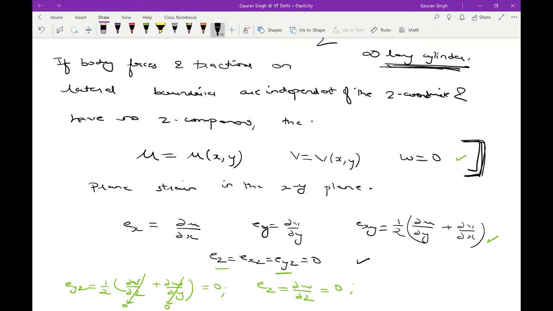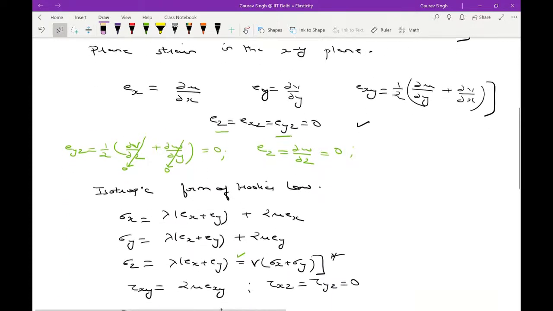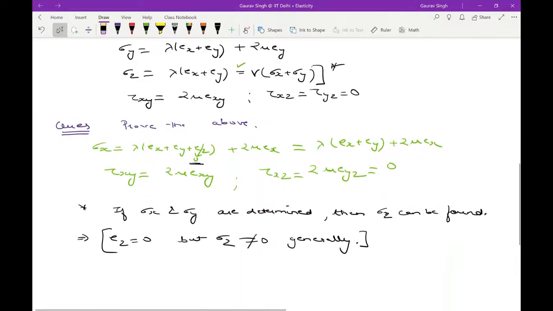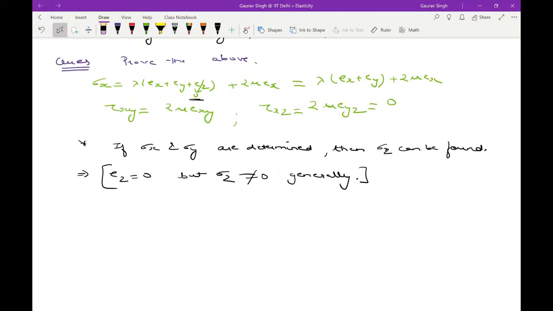This is the only approximation for plane strain, as you see. Anything after this is basically just using the strain displacement relation as it is, and then using the Hooke's law as it is.